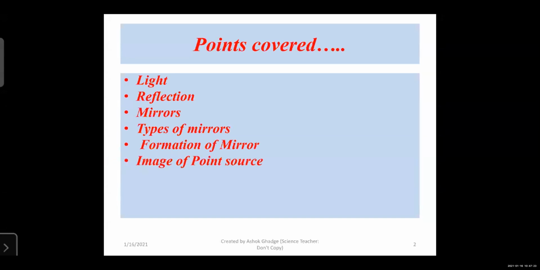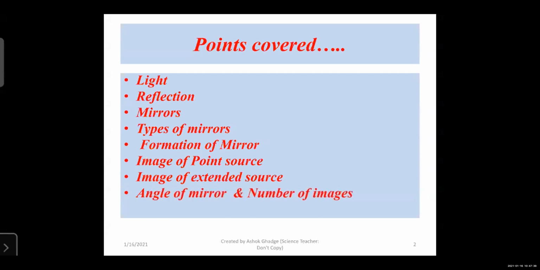In the next part we studied how the image of a point source is formed. Then we saw how the image of an extended source is formed. Then we saw the calculations about the number of images and the angle between two plane mirrors.